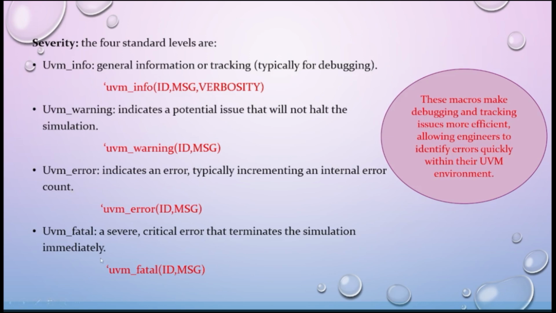And then if there is any fatal error, so basically what is error and what is fatal error? Error means there are errors, but that doesn't mean it will stop your simulation. It will just show you how many errors there are while debugging. So it will just increase your error count when it is UVM error.